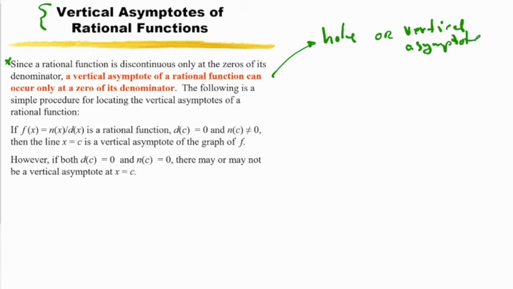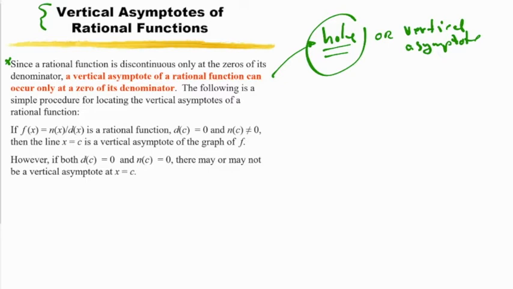The textbook fails to say that the zeros can cause a hole or a vertical asymptote, but we know that a vertical asymptote will only occur for an x value that creates a zero in the denominator. That is to say that just because an x value creates a zero in the denominator doesn't automatically mean that you have a vertical asymptote. There's the possibility it's a hole. So it's one of those nuanced details you have to focus on.